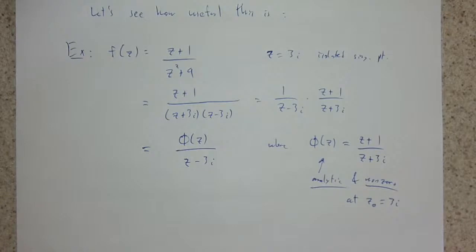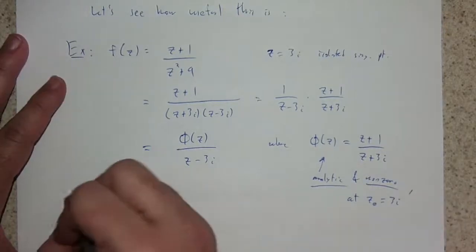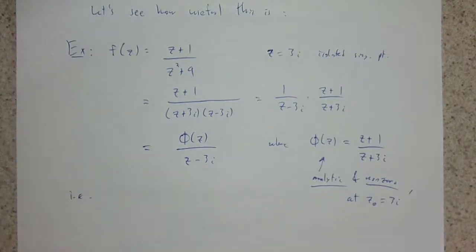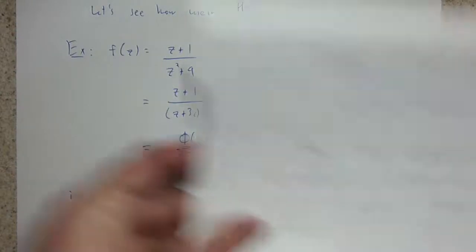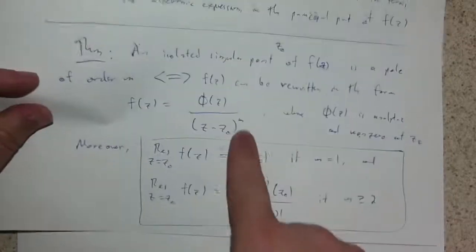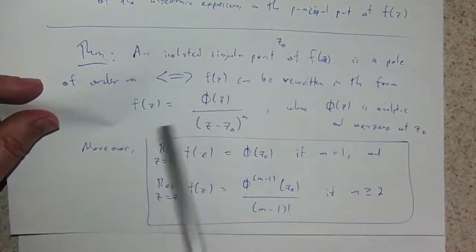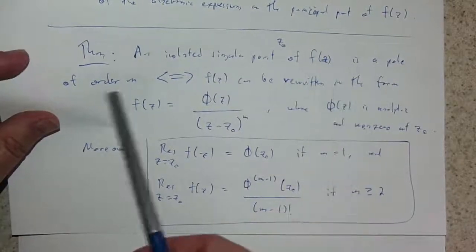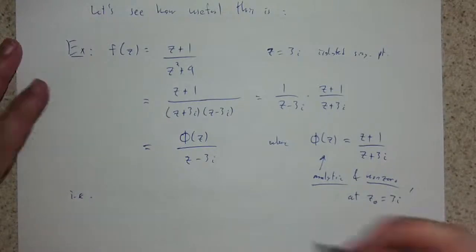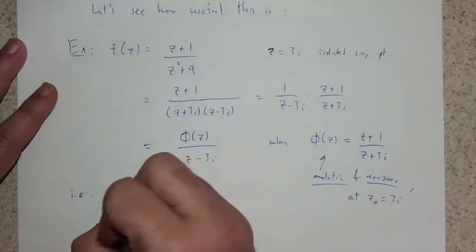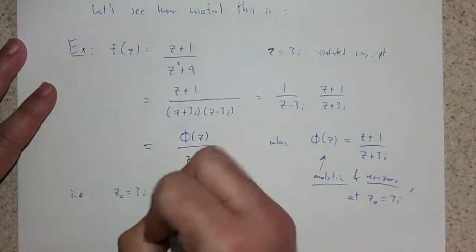By this theorem that I have written here, if I can write it in this form, where phi is analytic and non-zero, this can occur if and only if an isolated singular point of f is a pole of order m. In this case, m is 1, so a simple pole. So z naught equals 3i is a simple pole of f.